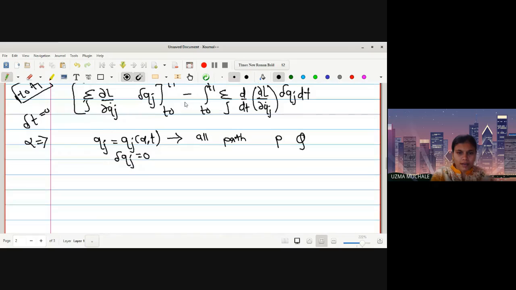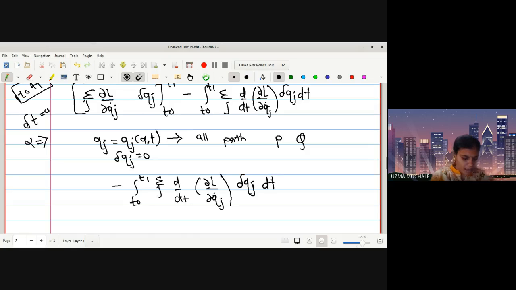So the value of that term we get as minus integration T0 to T1, summation over j, d by dt of dou L by dou Qj dot delta Qj dt, right?